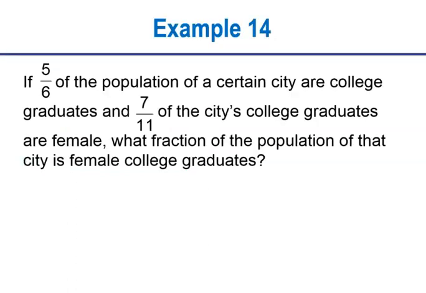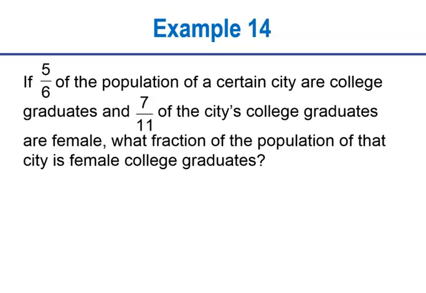So I'm going to pull up an example. If 5/6 of a population of a certain city are college graduates, and 7/11 of the city's college graduates are female, what fraction of the population of that city is female college graduates? So 5/6 of the population of a certain city are college graduates, 7/11 of the city's college graduates are female.